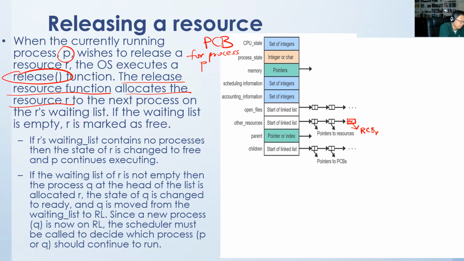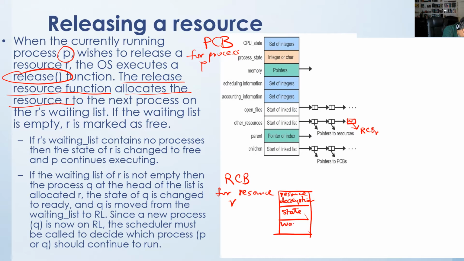So let's say here's the resource R, and we have the RCB for resource R. Here's the RCB. Remember, that's the resource description, and the second field is a resource state and a waiting list, right?